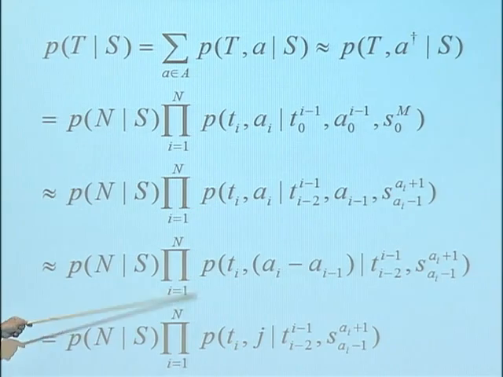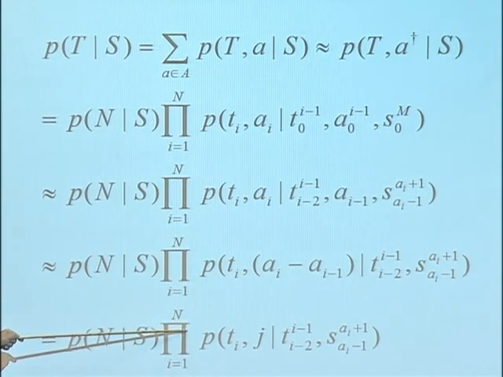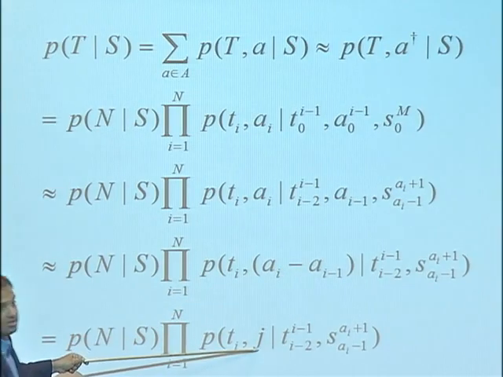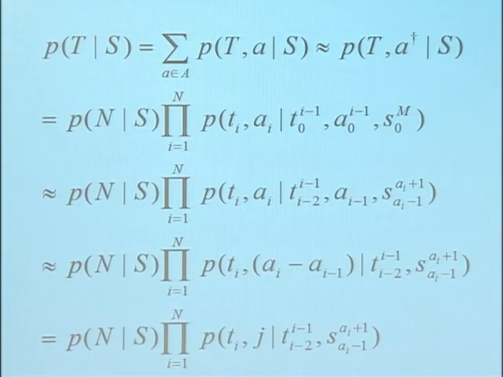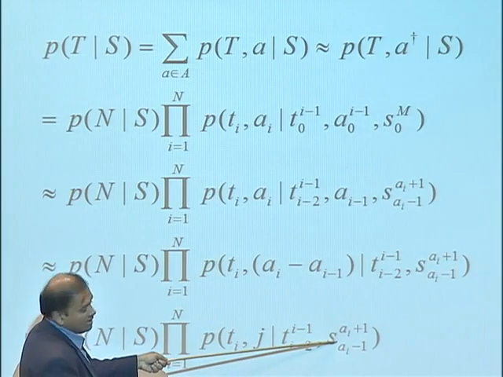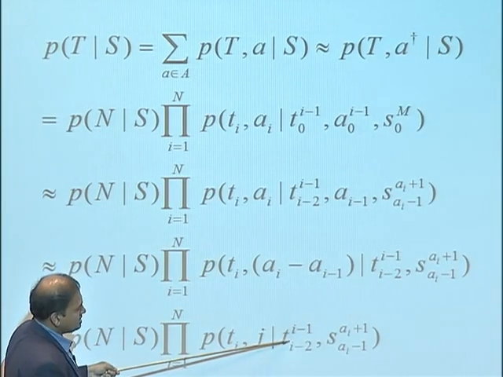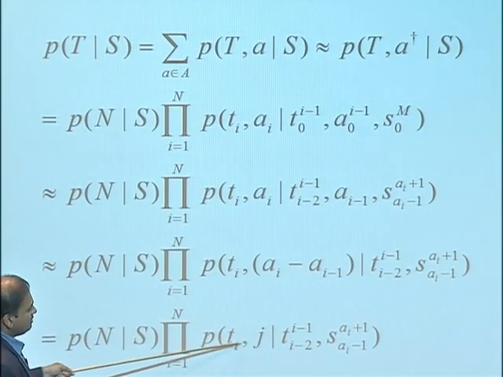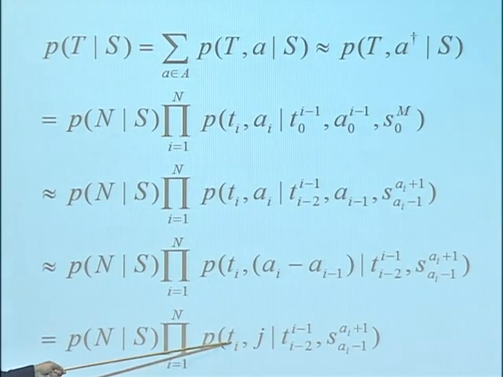And from here to here, I haven't done anything except replace this by an index called j. Okay? So our final model says, given the source around our current generation point and the previous targets that we've produced, predict the jump and what we're going to produce at this point.